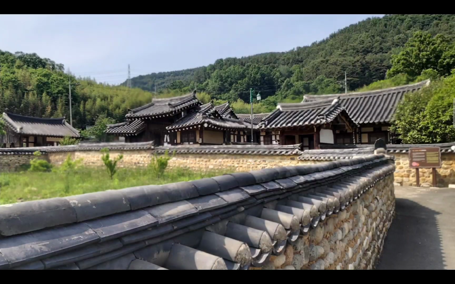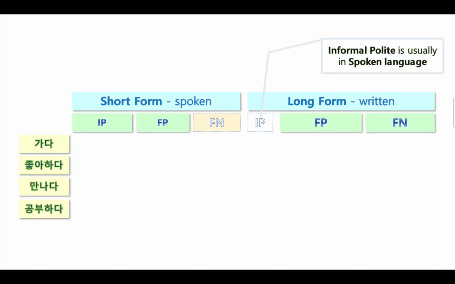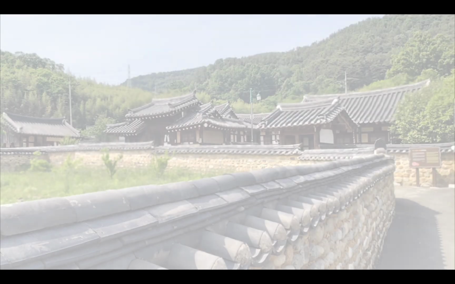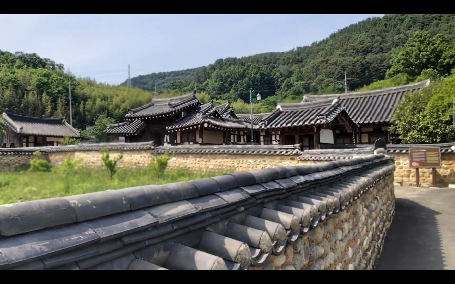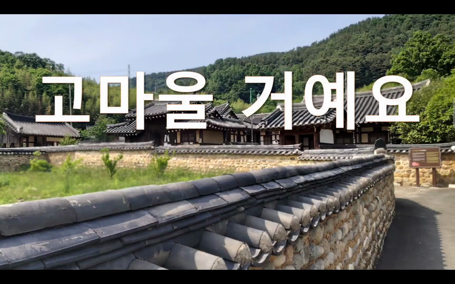Okay. So in spoken language, we don't use long form. What I want to say here is, informal polite is usually in spoken language. Long form is for written language. That's why in long form we don't use informal polite. Yeah, maybe that's it. 네, 고마울 거예요. I will thank you. I think that doesn't make sense. But anyway, 고마울 거예요. Yeah, thank you. 감사합니다.